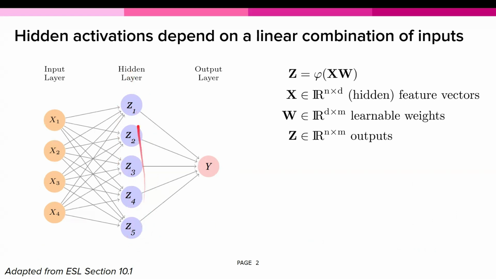In this slide, these activations, activation Z, were computed by applying some projection matrix W to move us from the input space of dimensionality D to some other space M, and then we applied a nonlinearity to those weighted sums. In this case, the dimensionality of the input space was 4, and the dimensionality of the hidden space was 5.